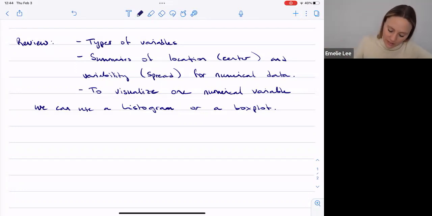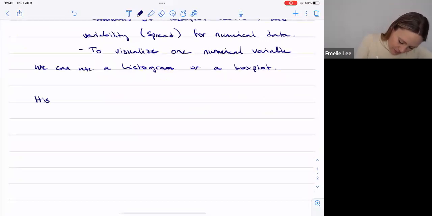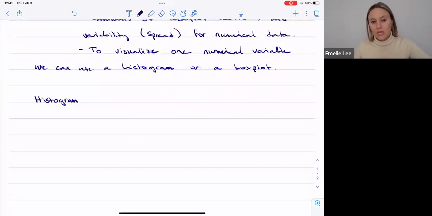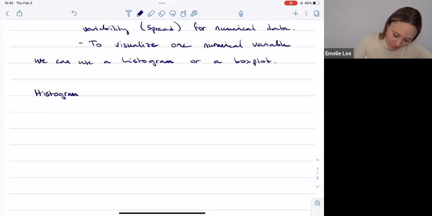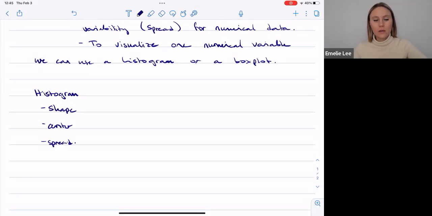From a histogram, it's not really review from last day, but I'm going to consider it review in general. From a histogram, we're going to look at the shape, center, and spread. Then I can have a normal distribution or a non-normal distribution, and there are lots of non-normal distributions.